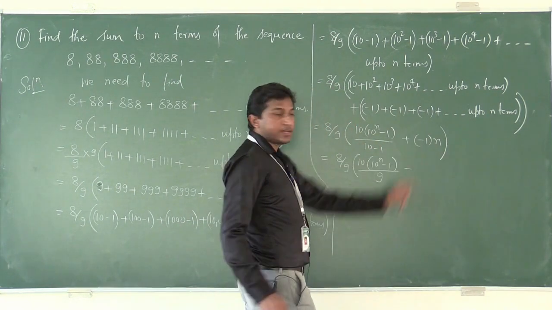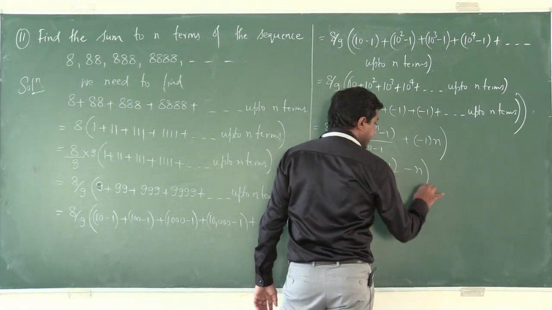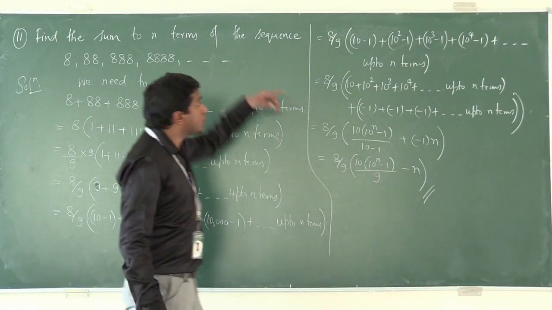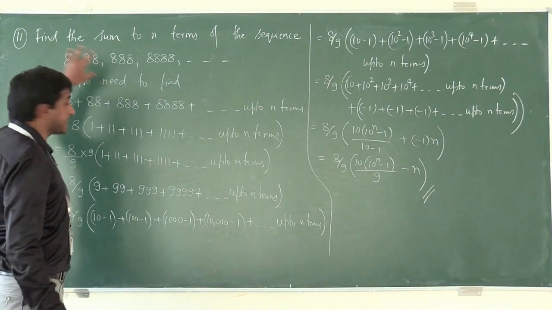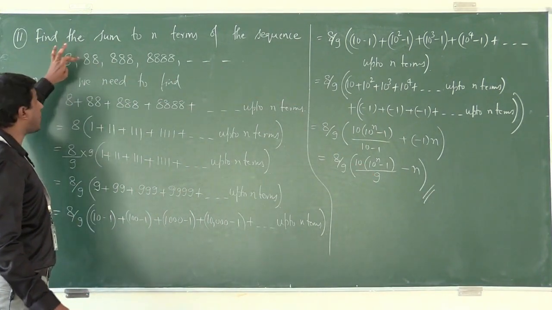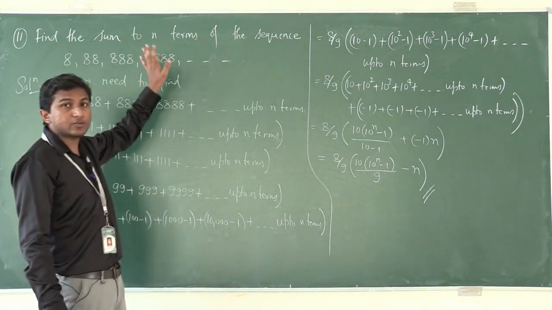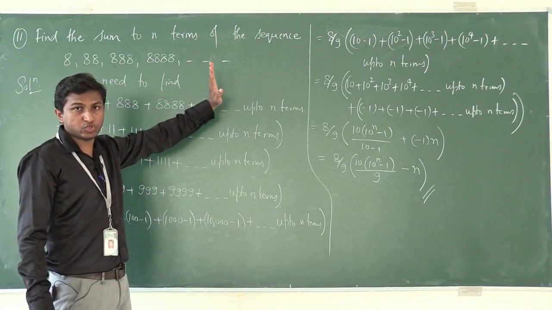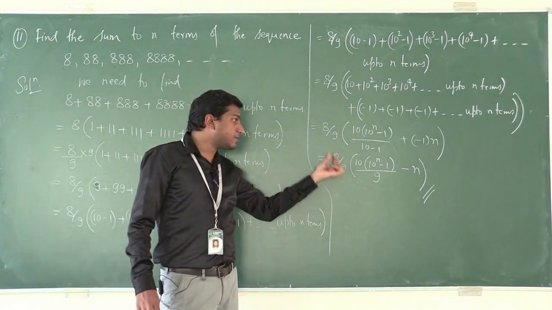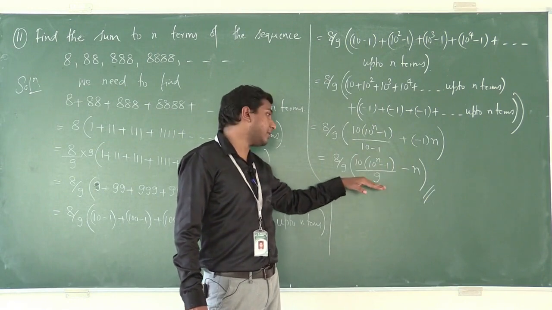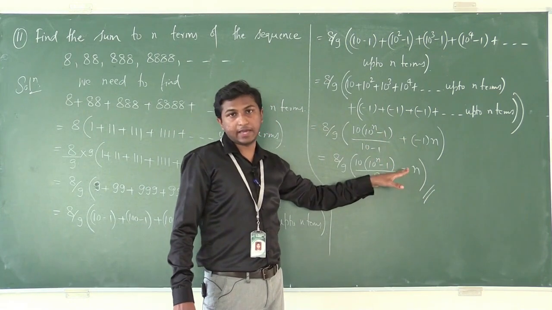Minus 1 into n is nothing but minus n. So this is the sum to n terms of the sequence 8, 88, 888, 8888, so on. What did we get? 8 by 9 into 10 power n minus 1 by 9, minus n.